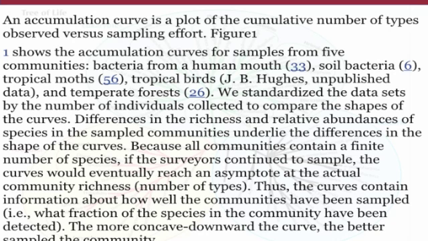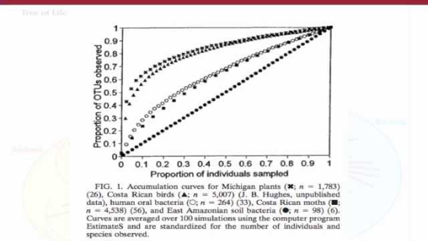They show you the accumulation curves in figure 1 for these 5 different communities. An accumulation curve is basically a normalized way of comparing the diversity of a community by taking a sample of the community and asking, as I sample the community, what fraction of the total diversity in that sample do I see?